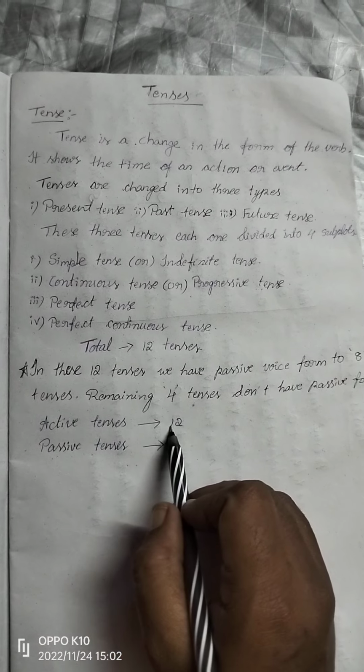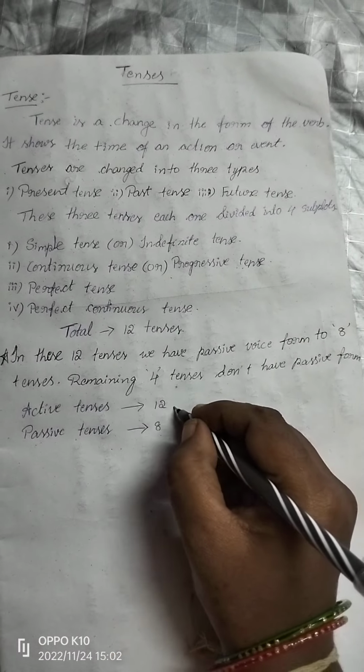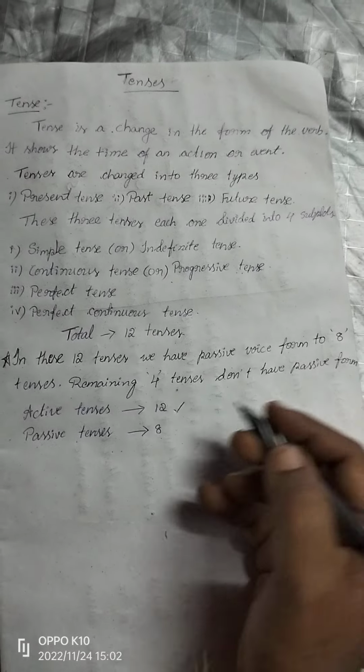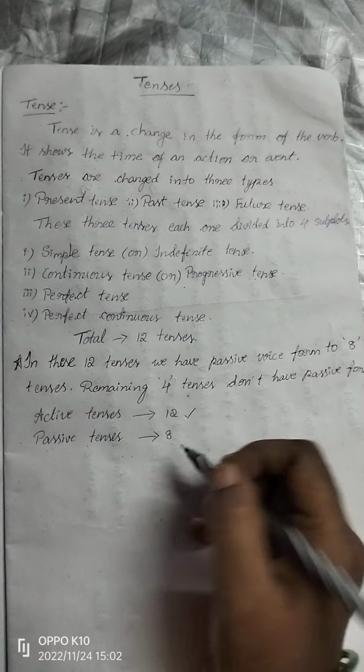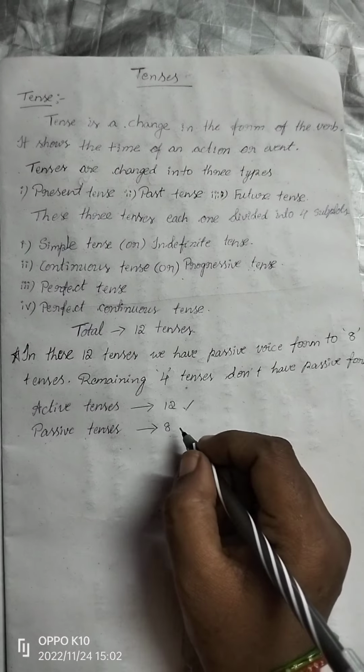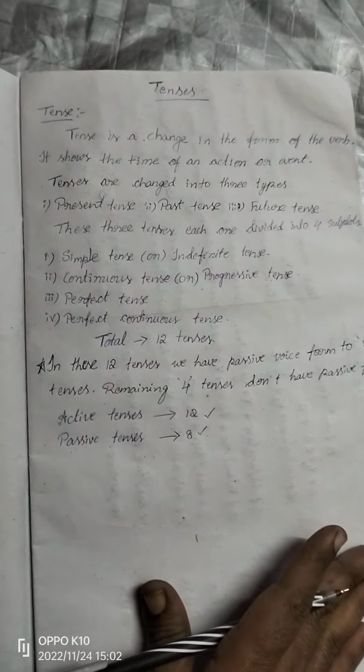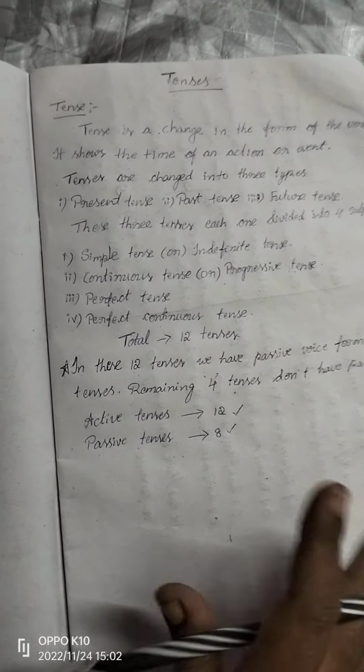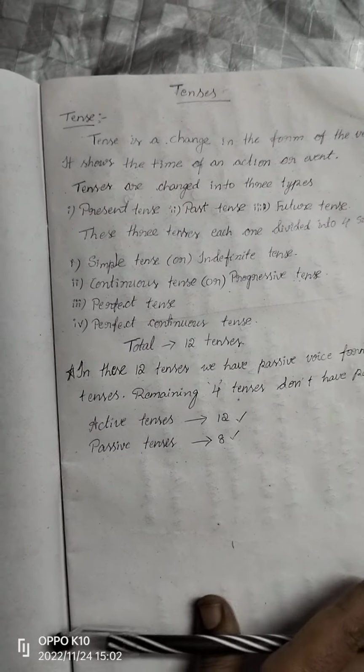We can write sentences in 12 forms, but when we change into passive form, those 12 can change into 8 types only. Okay, let us see the deep discussion of tenses.